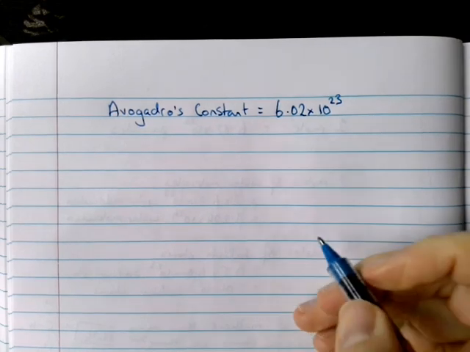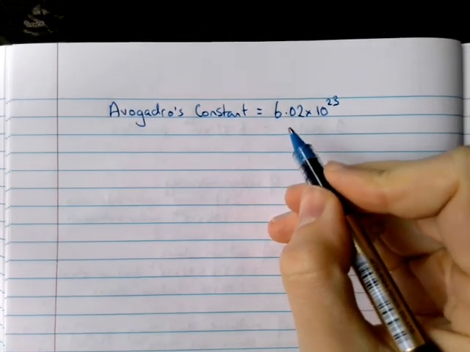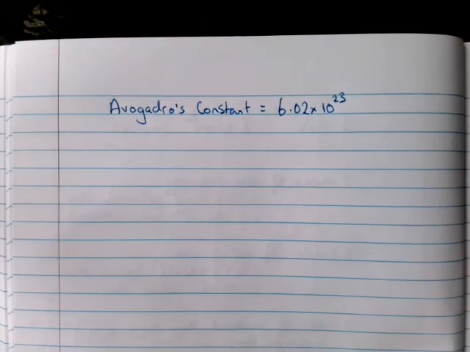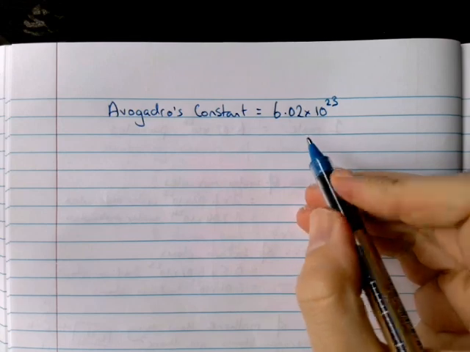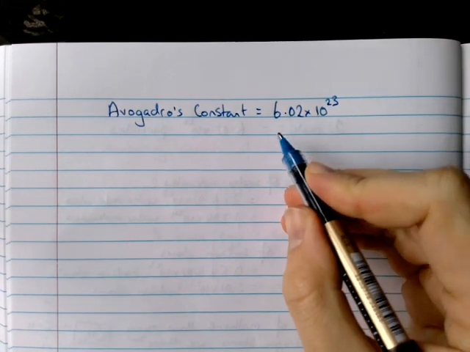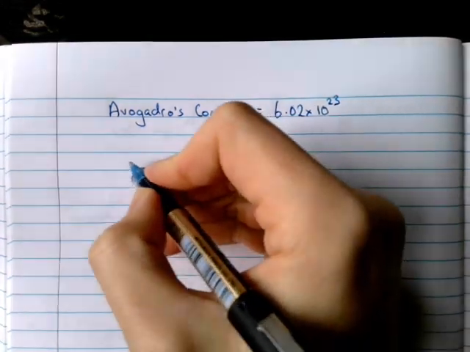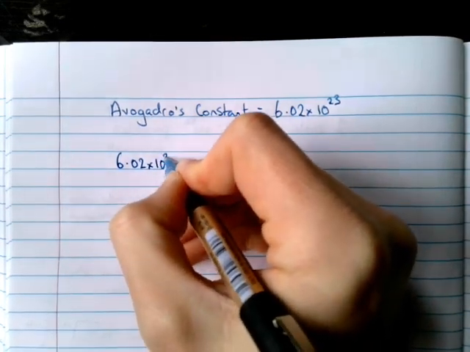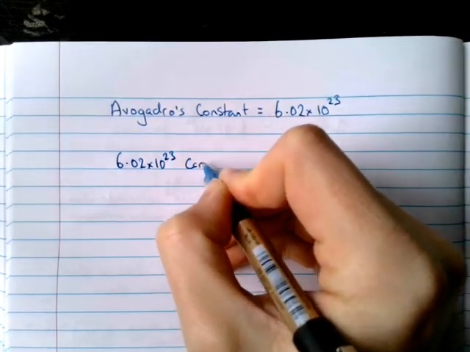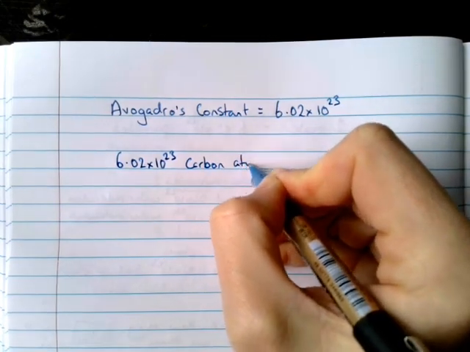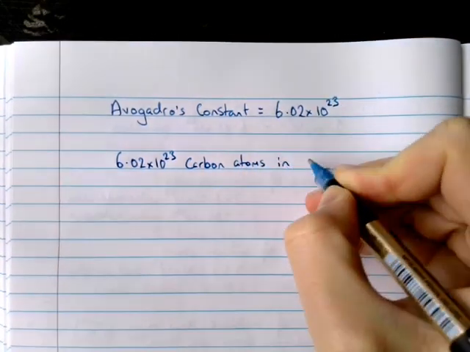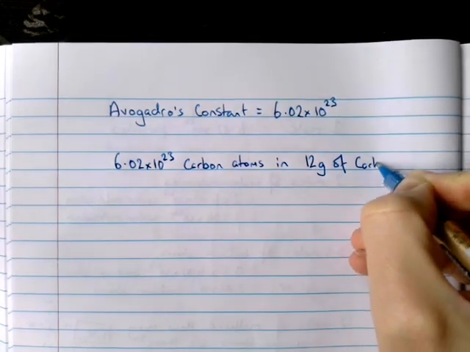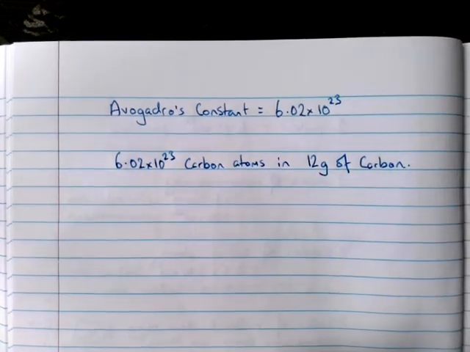All right. So why do we use this particular number? And the reason is 6.02 times 10 to the 23 is the number of carbon atoms in 12 grams of carbon.